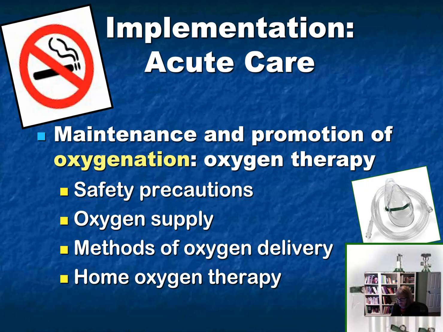Home oxygen therapy is delivered through a variety of means. They can have compressed air, which is a machine that actually takes air from the room. They're kind of noisy, and it compresses the air to get higher concentration, as opposed to delivering the canisters like you see in the picture there that are 100% oxygen and then have to be refilled regularly.